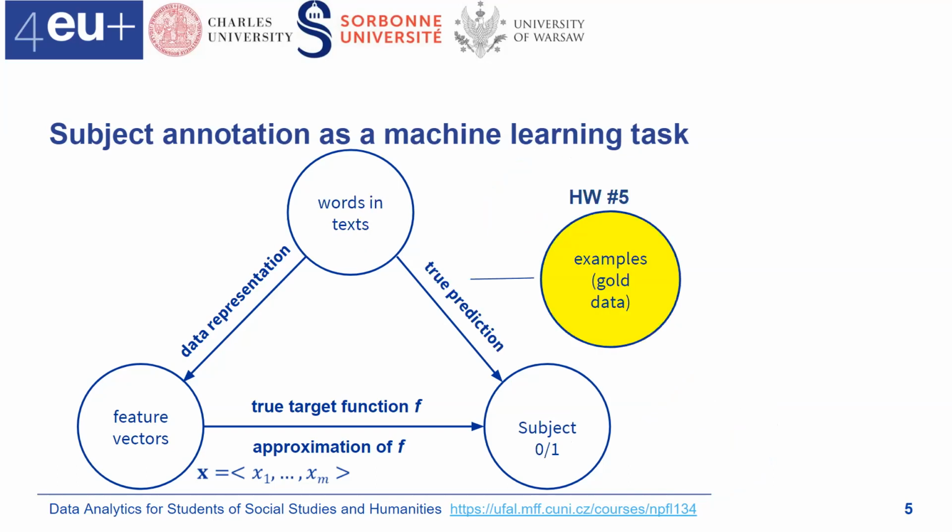And since we focus on supervised machine learning, we need to have examples, which we call gold data. In other words, we need to have a collection of text where the subjects are labeled. And that's exactly what you did in your homework number 5.